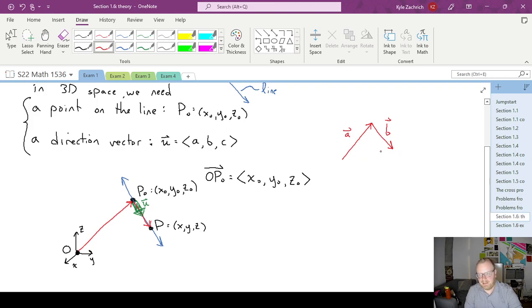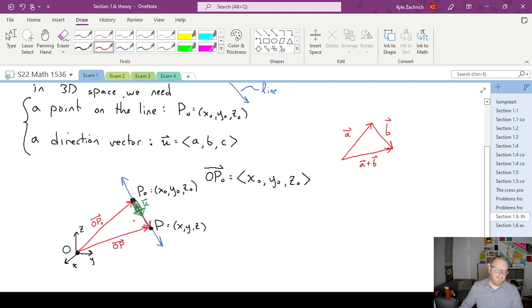When we add them tip to tail, we get this vector A plus B. I'm going to make this vector here. So this vector is OP naught. This vector is OP.